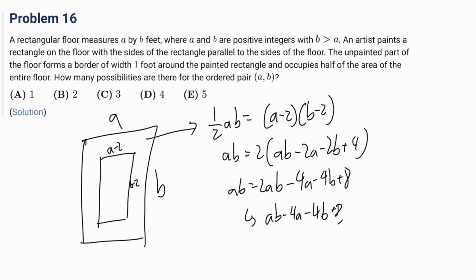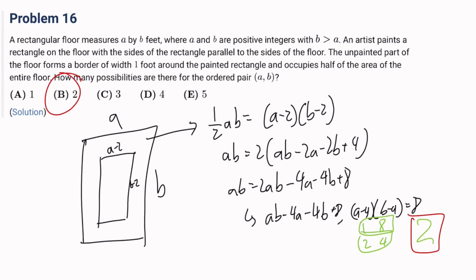So this gives us a minus 4 times b minus 4 equals 8. And so here these factors can be either 1 and 8 or 2 and 4, right? Because b is greater than a. And so these are the only two possibilities, so we have two possibilities. So that's the answer. It's B.